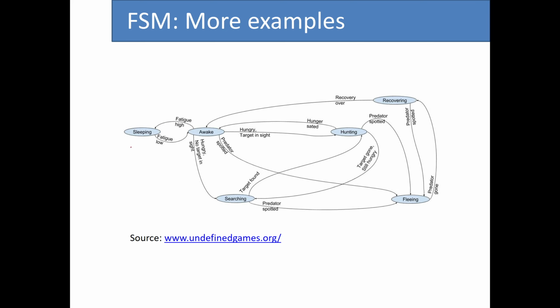For example, your character can be in the sleeping state. If the fatigue is low, they become awake. Based on that, if they're hungry, they start searching for food. Whether they find the food or not, some other things happen. If they are hunting, fleeing, or recovering, as you can see, these are the different states that your character can be in.